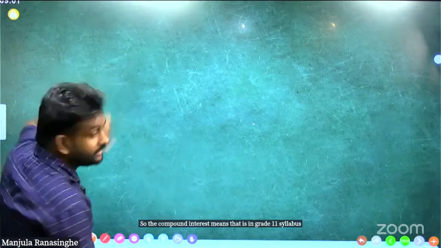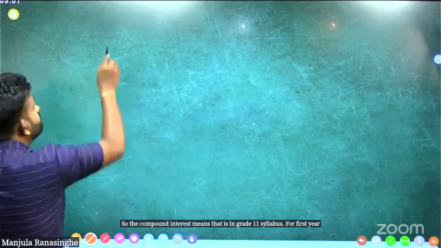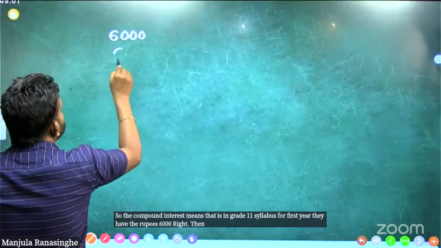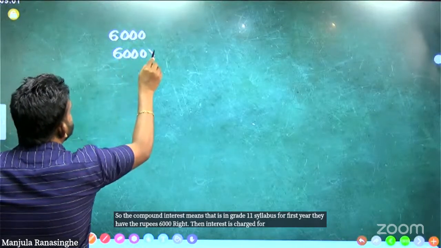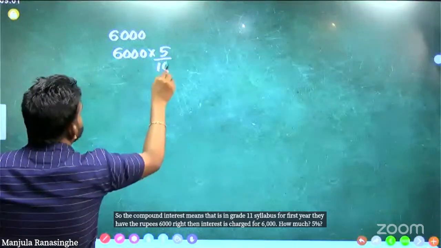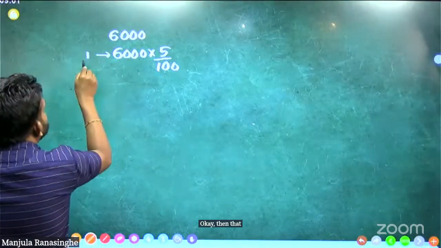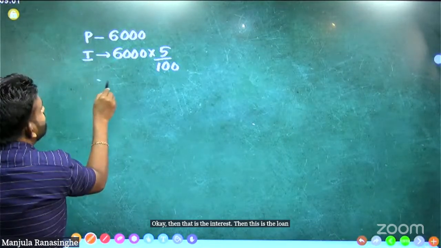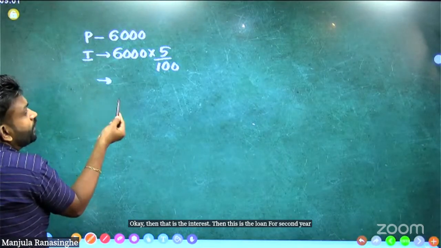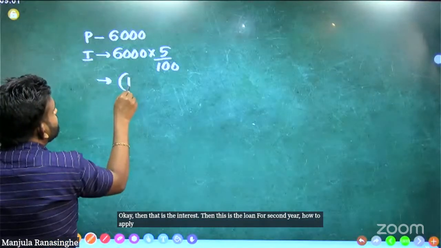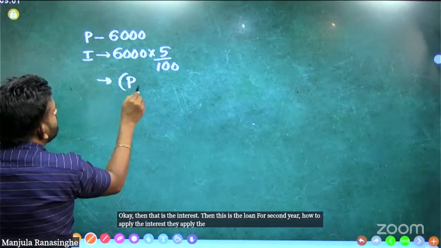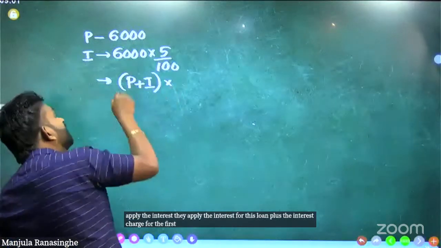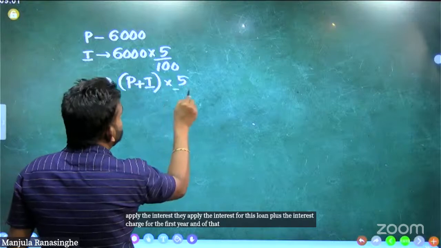For the first year, they have rupees 6,000, then interest is charged on 6,000 at 5%. Then this is the loan. For the second year, how do they apply the interest? They apply the interest on this loan plus the interest charged for the first year, and of that total, 5% is charged.